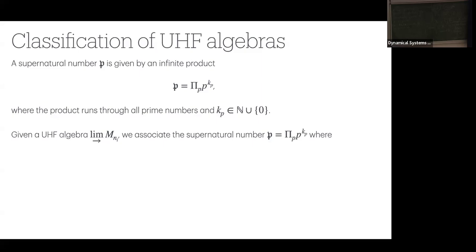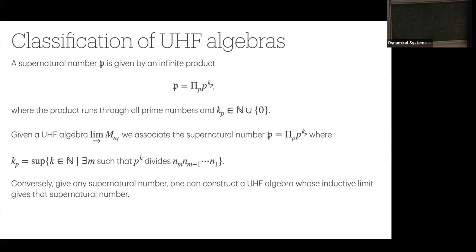And to any UHF algebra, we can associate a supernatural number, which we can basically read off from this inductive system, which I've written down for you here. So this tells you what you want to put for the power of your prime. And the point is that this is coming exactly from the sizes of the matrix algebras that you're using and how they map into one another.